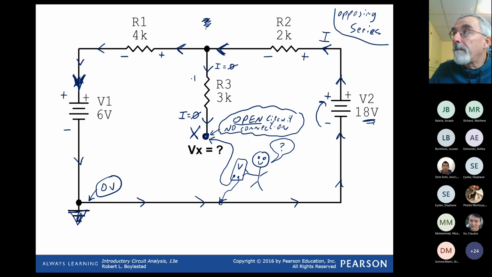The volt drop across R3 is equal to I3 times R3, and that would be 0 multiplied by 3K, giving us 0 volts.